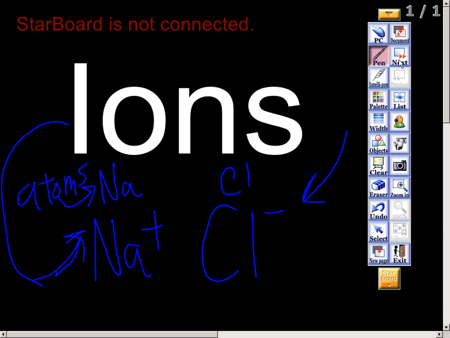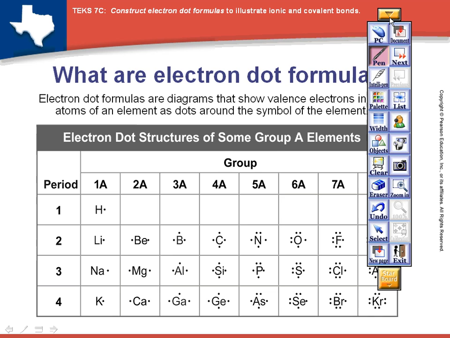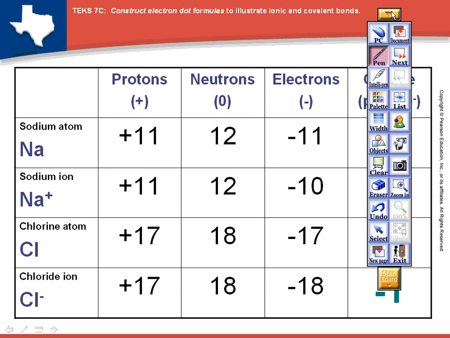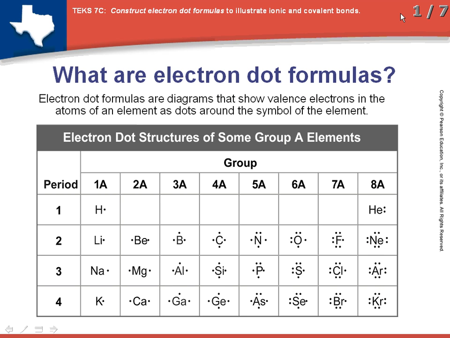Now, let's talk about what the deal is with ions, what exactly they are. They're still atoms, but there's something different about them. So, when we look at the periodic table, we notice something. We already said that group 1A, the alkali metals, are very reactive. We said that group 7A, the halogens, are also reactive.